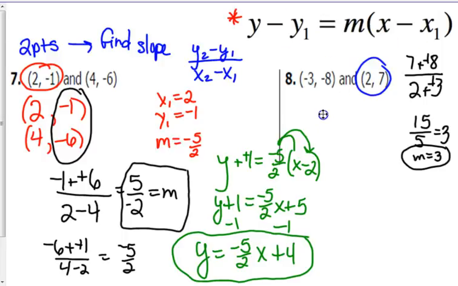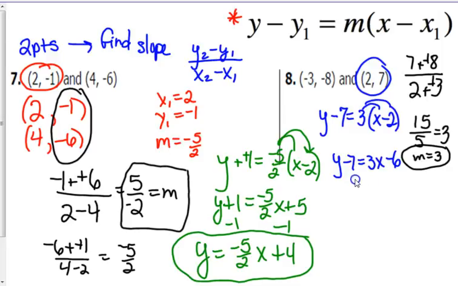We're going back to this equation, so it'll say y minus, what are we going to put in for the y value? Good job. 7 equals, the slope was 3, right? X, and then we use this x value of 2. Good job. All right, if we distribute, we get y minus 7 equals 3x minus 6.